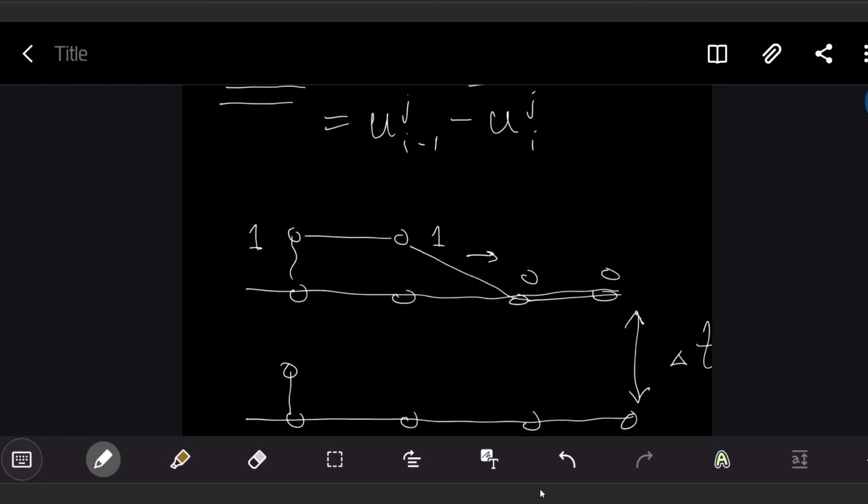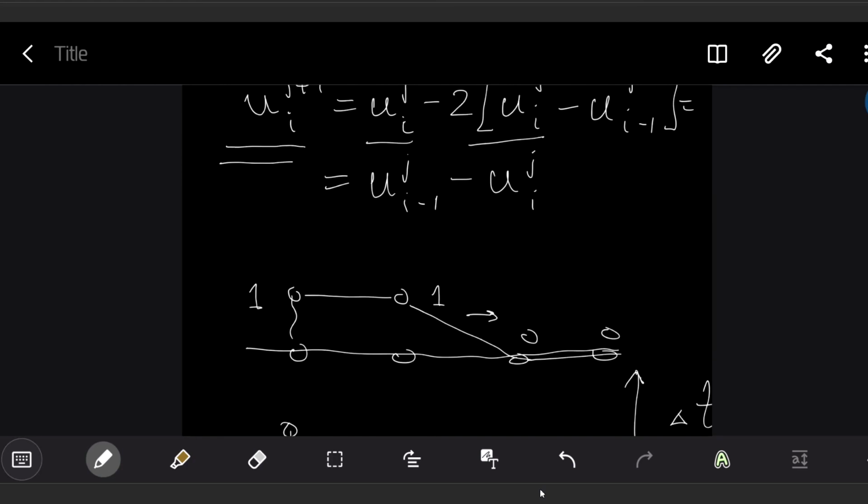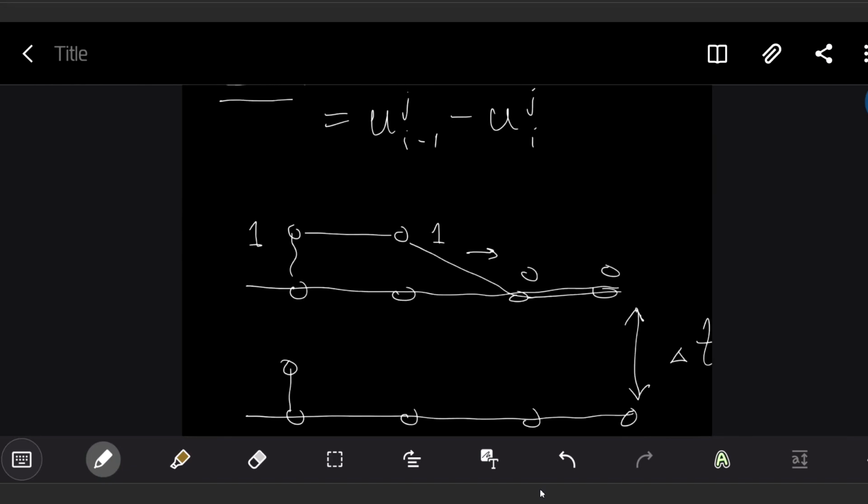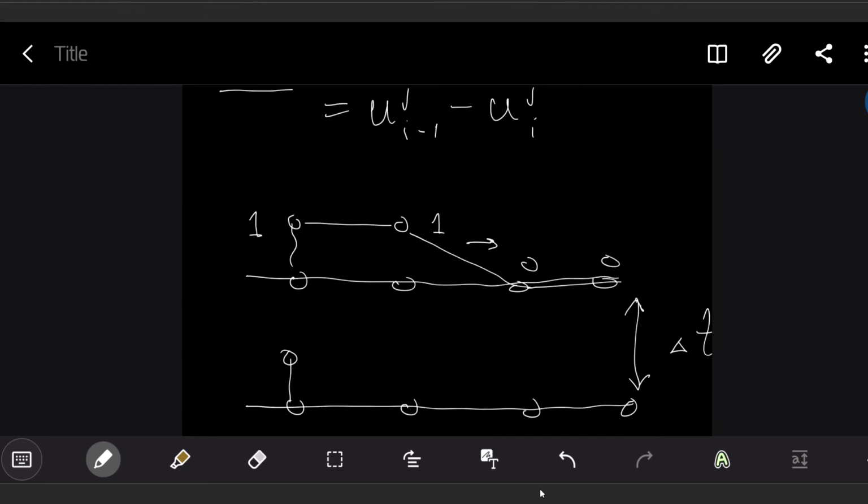This distance is delta t. And next points I will calculate based on this formula. To calculate the next time point, I need to use the previous value minus the value on this.